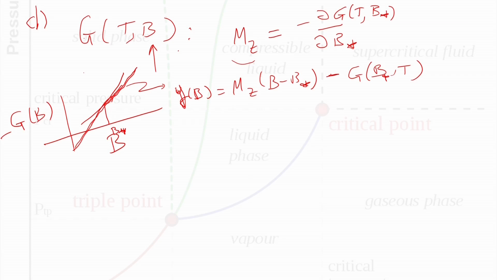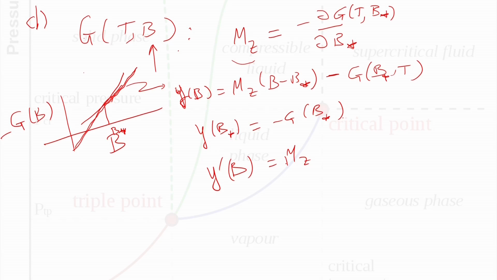So now this makes sense, because at b equal to b star, y of b equals minus g of b star, and y dash of b is basically m_z, which is the slope of minus g versus b.